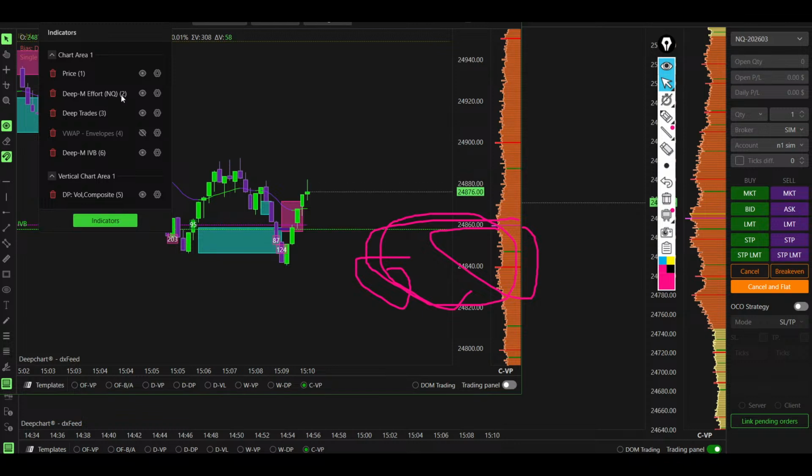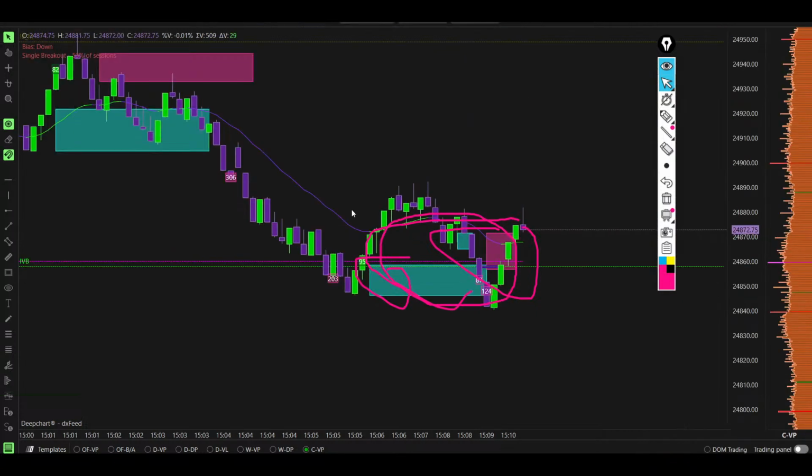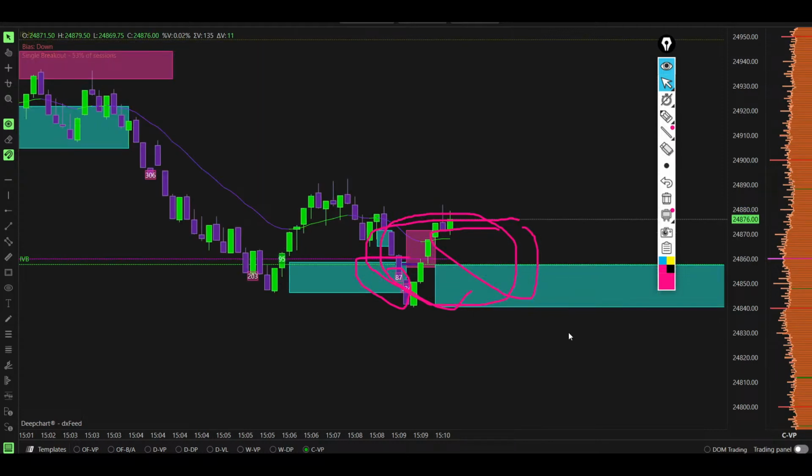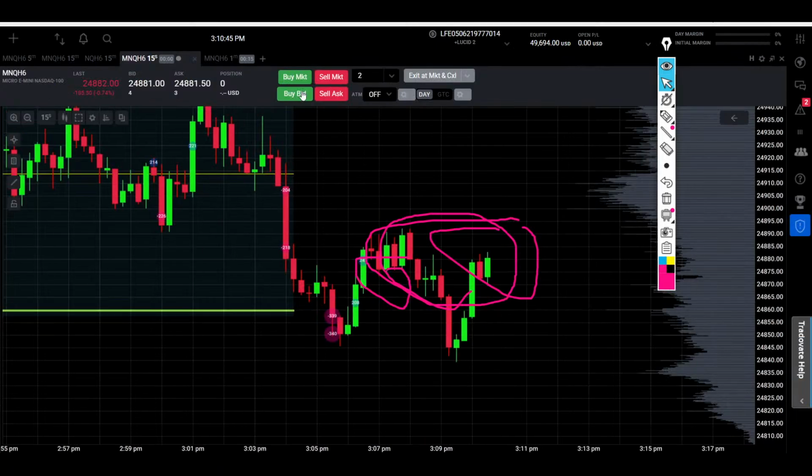So this is deep effort, yeah? An indicator that I will not find on Tradovate, I think, because this is specific to deep charts development team, but it will be developed here in time in the community.